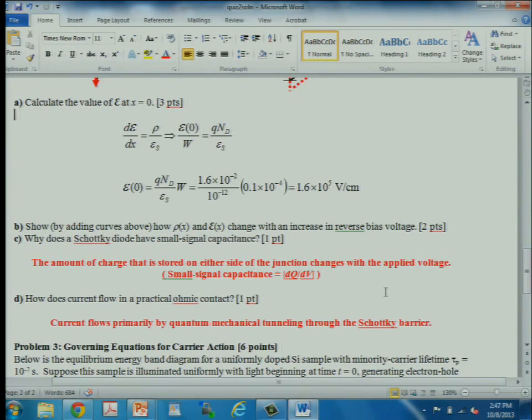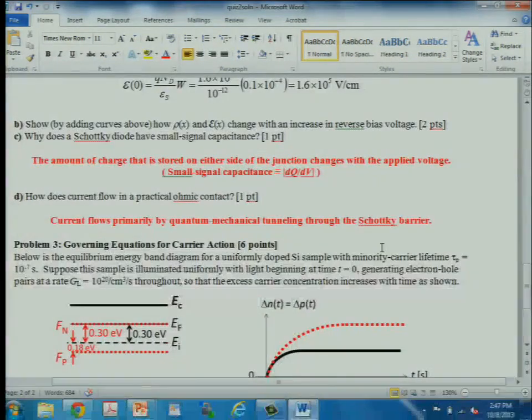So you have to flow current, displacement current, to charge or discharge each side of the junction when you change the voltage. So that represents capacitance. And then in an ohmic contact, how does current flow? As long as you said tunneling, it's fine. Ideally, you'd say tunneling through the Schottky barrier, but as long as you say tunneling, you'll get the full 1 point. Yes, Trent.